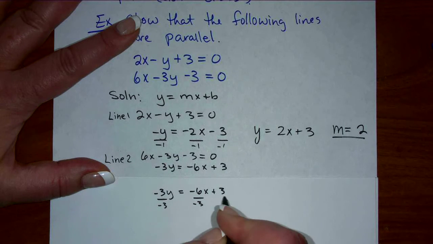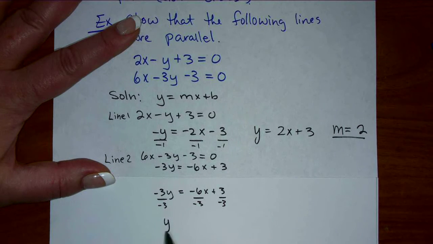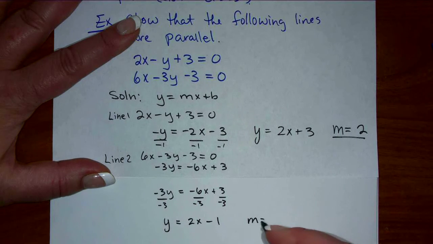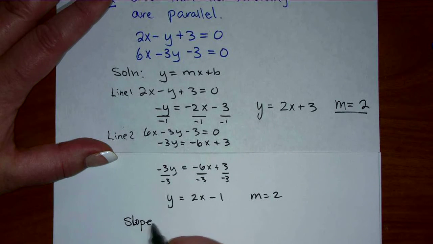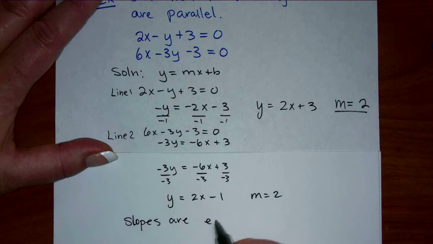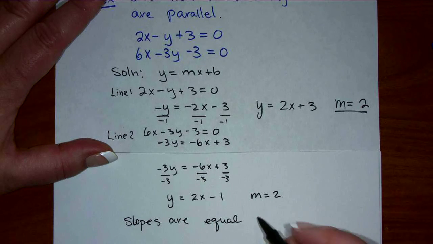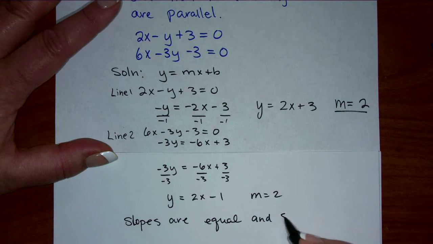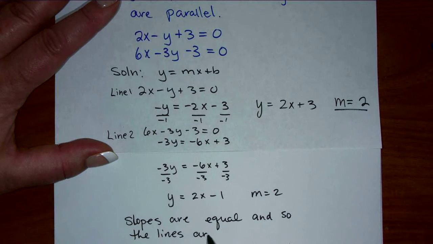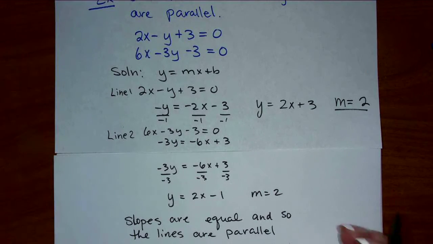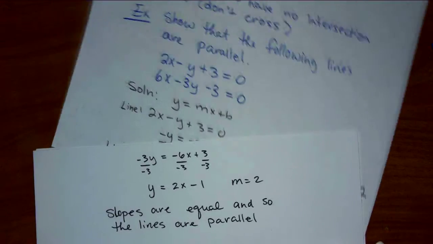So that will be y equals positive 2x, 3 over 3 is 1, minus 1. Okay, so both slopes are 2, so the lines are parallel.